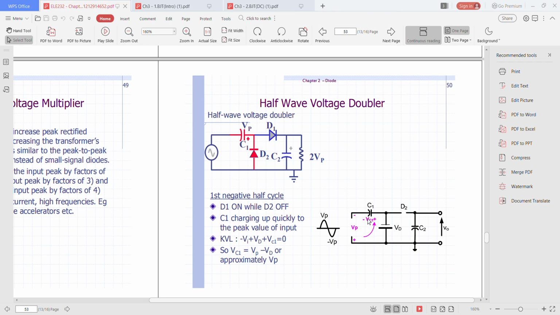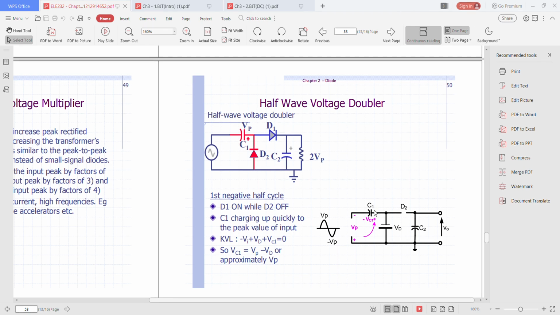Okay, I repeat, if you choose the first polarity in your equation, the equation will be minus Vp plus Vd and plus Vc1.